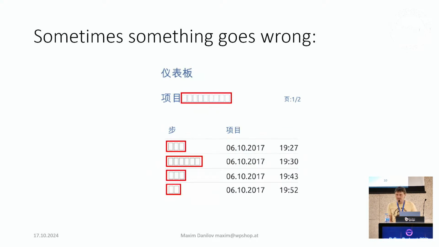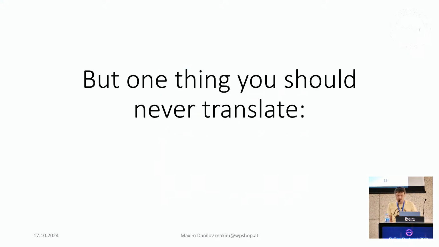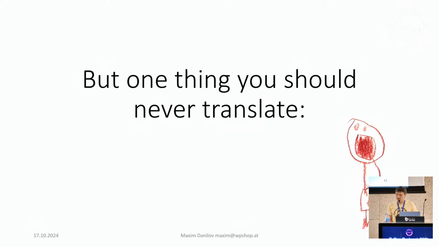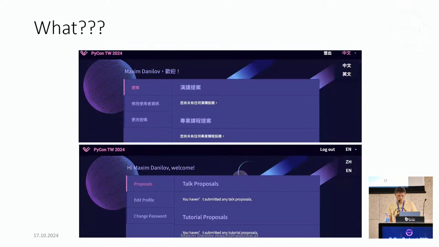But we can translate it, we can skip it, but there is one thing you should never translate. What exactly should you never translate? This is an example from a website from PyCon Taiwan, where I also was supposed to give a talk.